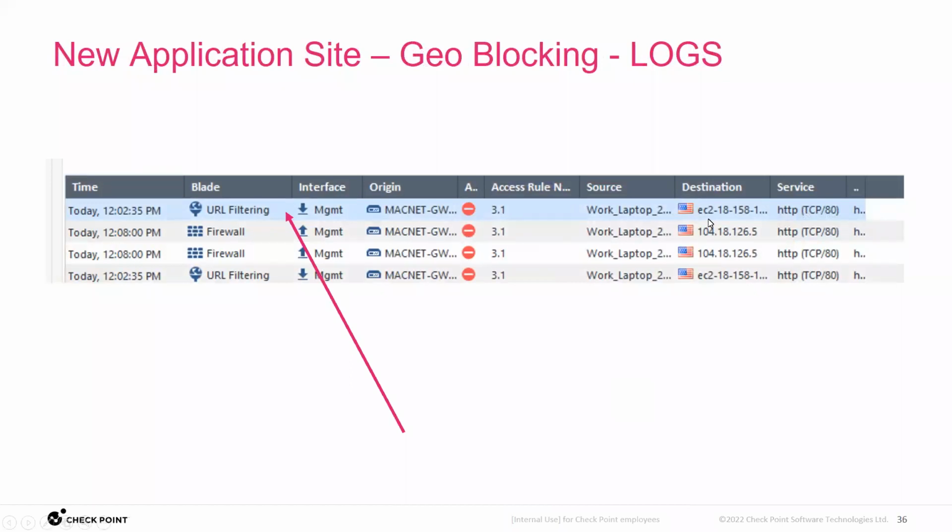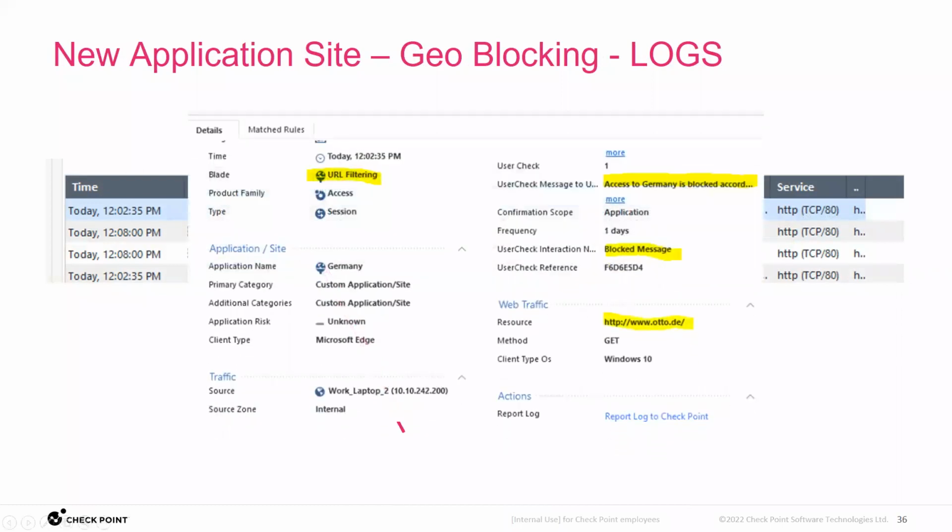The destination is not a German IP address. The flag is a US. It's also AWS. On here, if I click on it, it tells me that this top site was going to www.odo.de, but it really was going to an IP address assigned to the US.